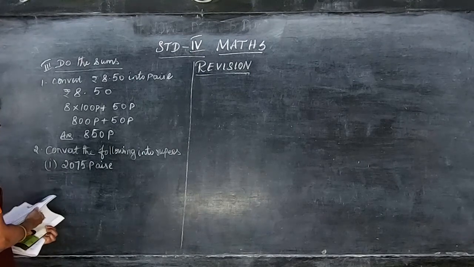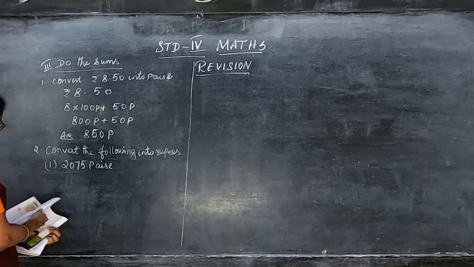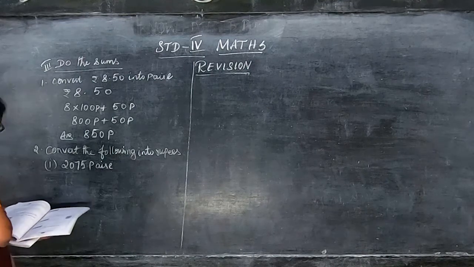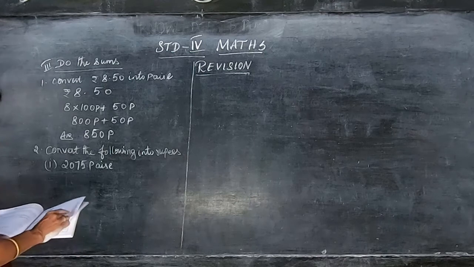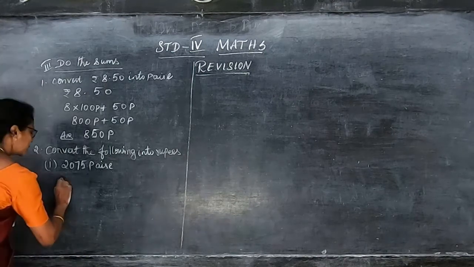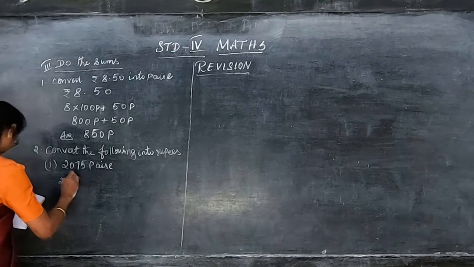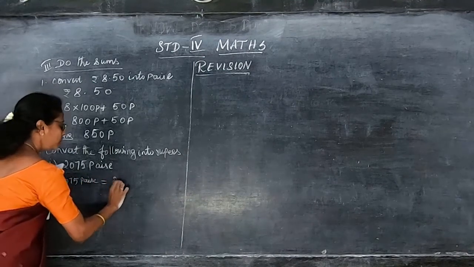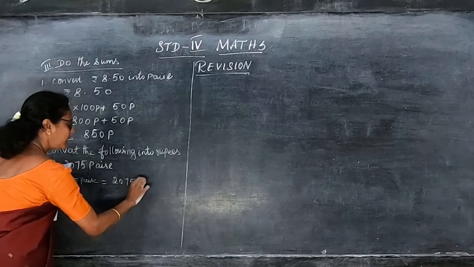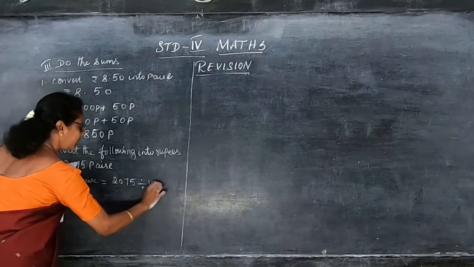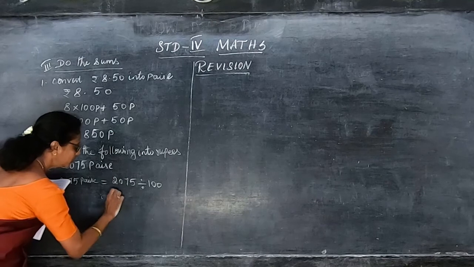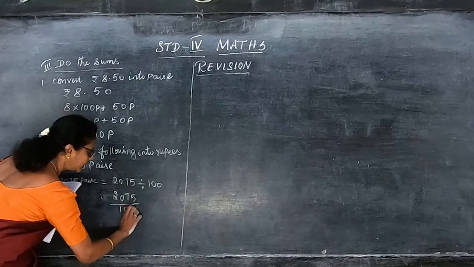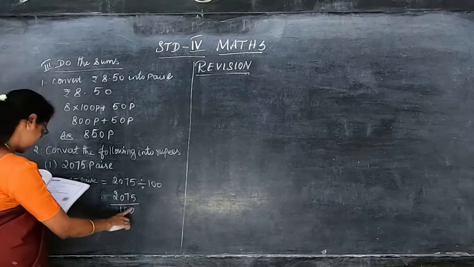So in money, if you want to change paise into rupees, you have to divide by 100. So 2075 paise is equal to 2075 divided by 100. 100 has 2 zeros, so you separate 2 digits.